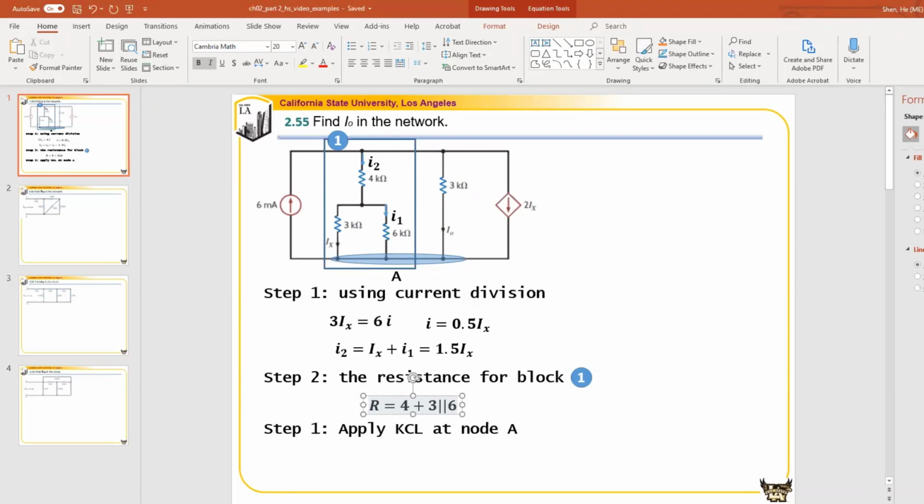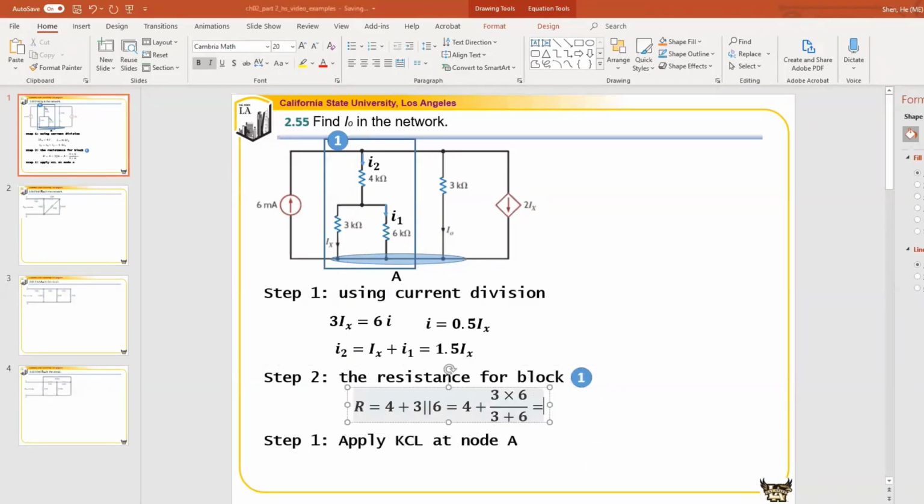So it's 4 in series with another two resistors, that'll be 4 plus something. And these two in parallel, 3 and 6 in parallel, we can find it by using 3 times 6 over 3 plus 6. That will be equal to 2 kilo ohm.